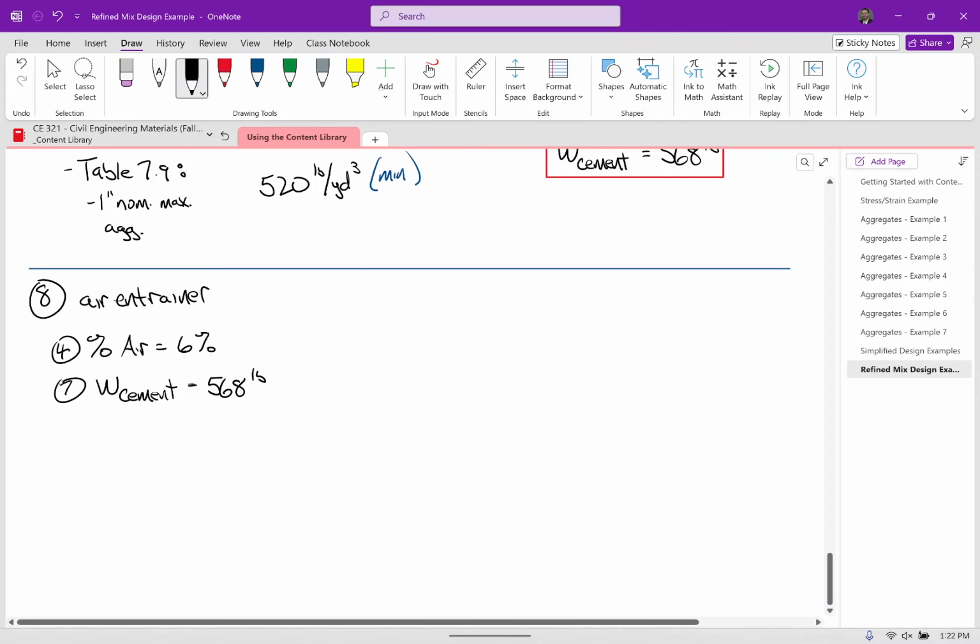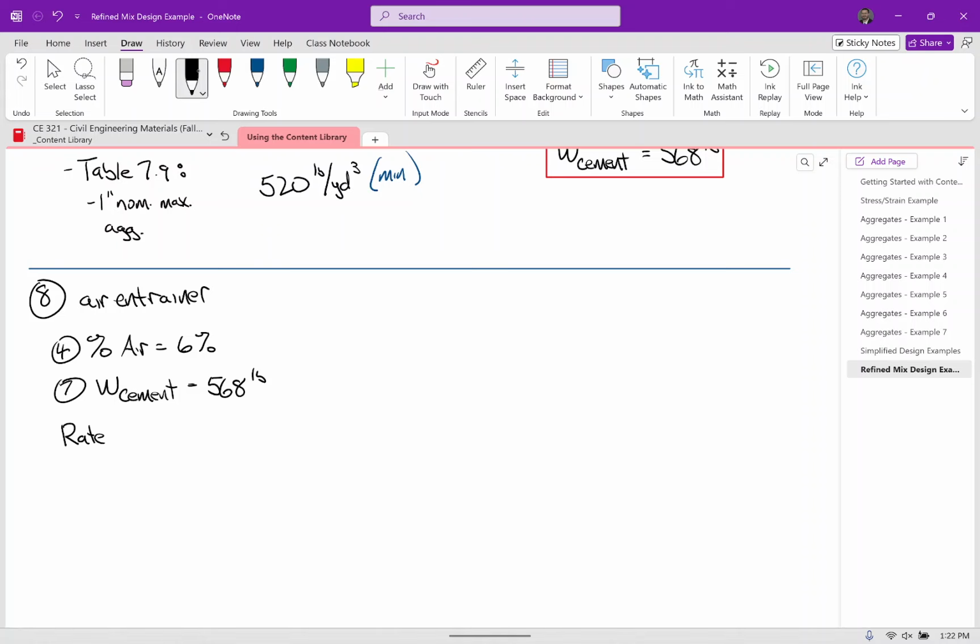What do we know about the admixture that we are using? The admixture says that we use 0.1 fluid ounces for every 100 pounds of cement, and for every 100 pounds of cement that we use 0.1 fluid ounces, we'll get 1% air.